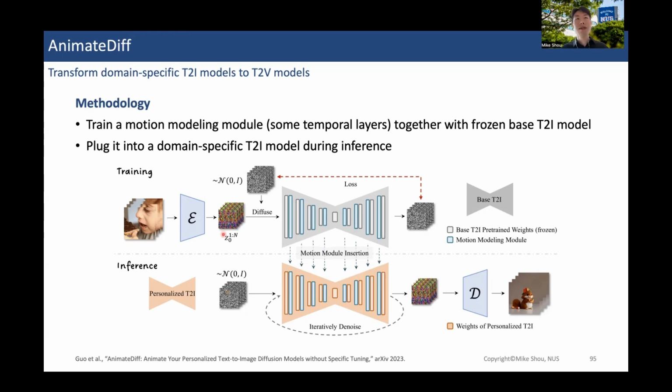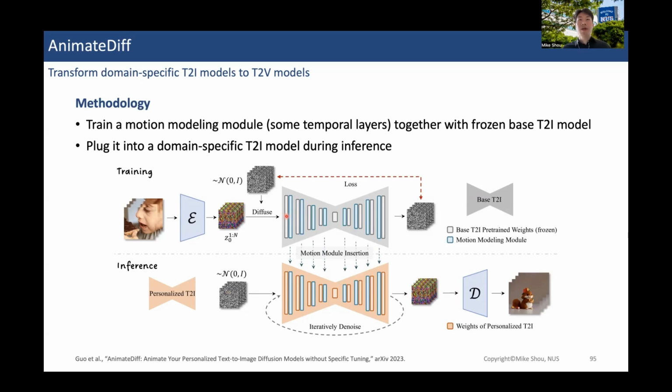And during training, for example, when we use the stable diffusion model as the initialization, we only need to change these motion module layers. But the base T2I pre-trained weights, the base image model, are frozen. So this gray part is fixed.